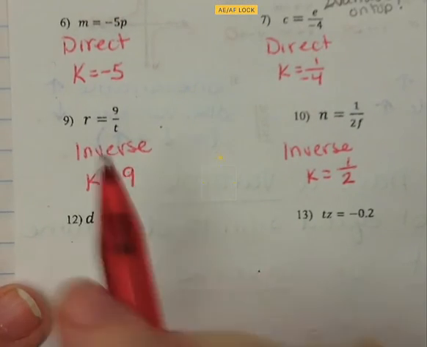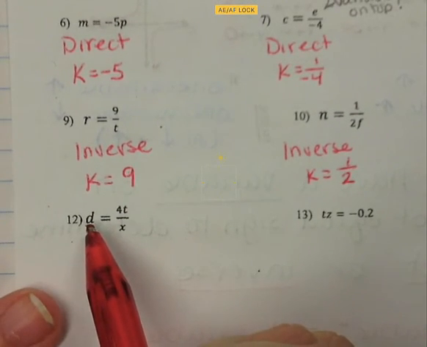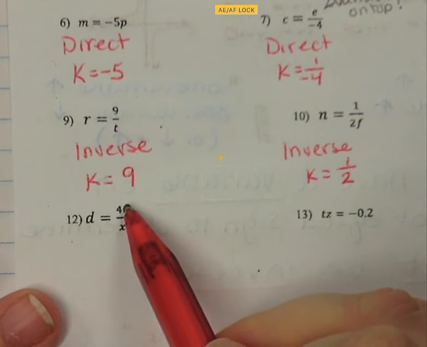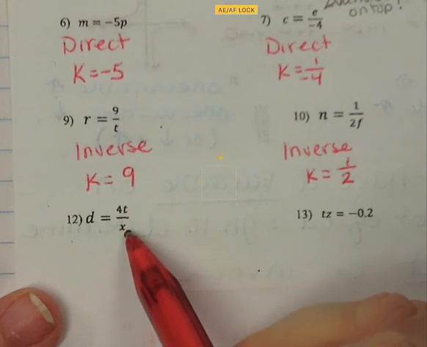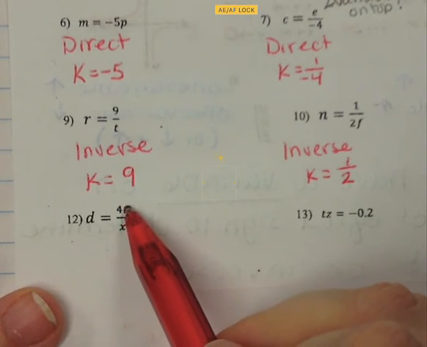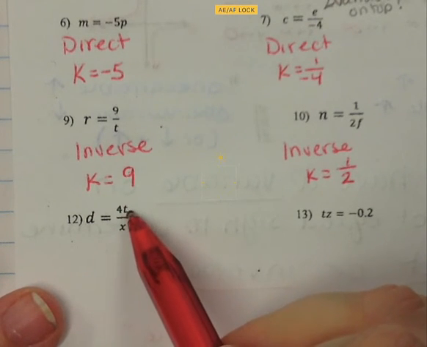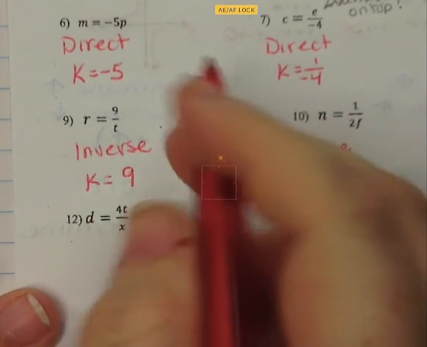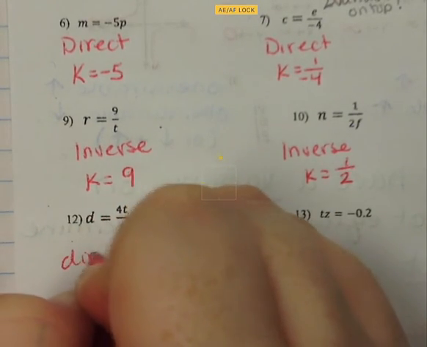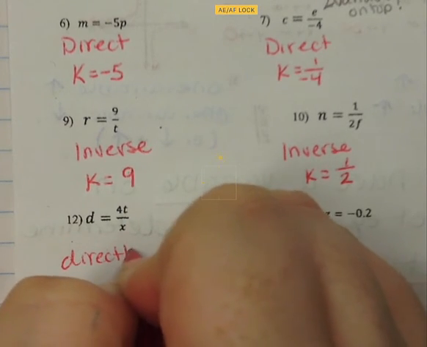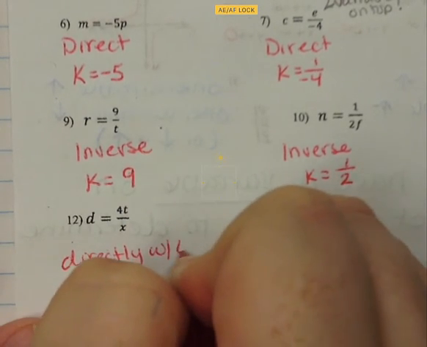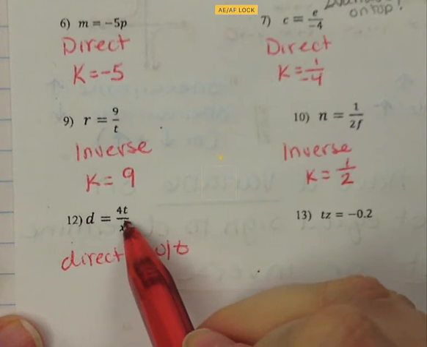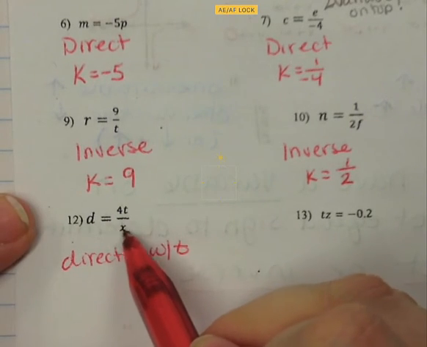On number 12, the letter D is completely alone. And we actually have two variables over here, so that means we have two different types of variation. If we look, the T is on top. That's a direct variation. So D varies directly with T. But then X is in the bottom, so that's an inverse variation.